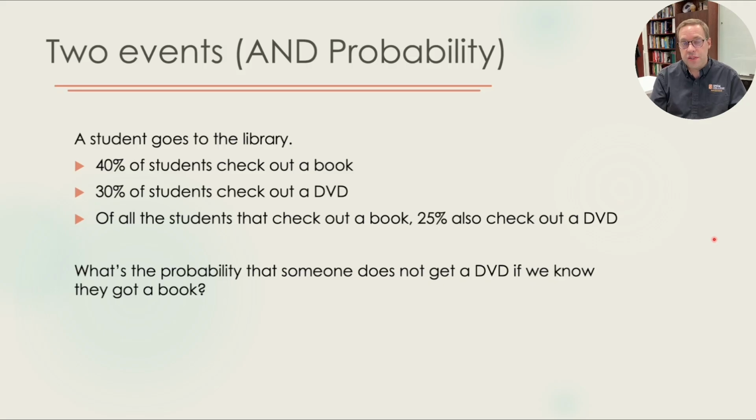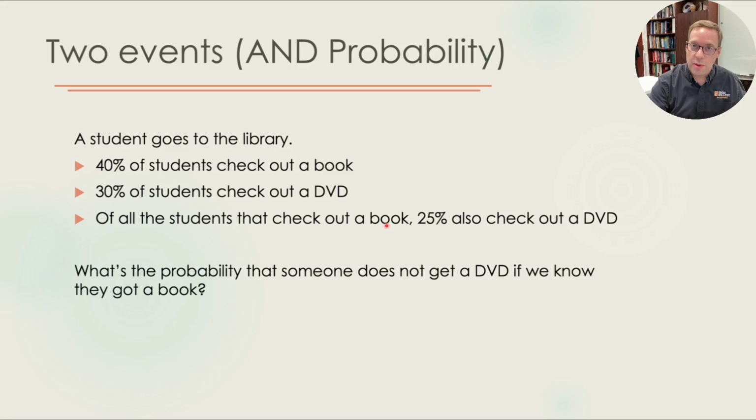Go ahead and pause the video, see if you can figure that one out. Okay, so we're looking at someone who is not getting a DVD, but we know already that they got a book, which means we're dealing with the same group of the students that check out a book. 25% got a DVD, so how many did not get a DVD?